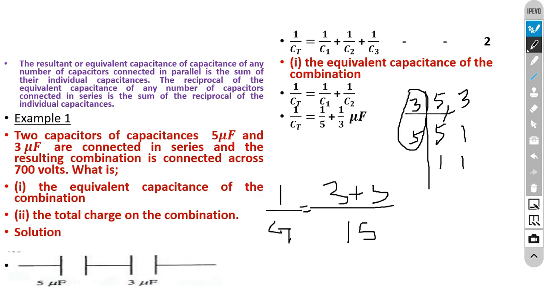I put it here. Okay, so we have 3 plus 5 all over 15, which if we go ahead to simplify, we would have 8 over 15. Alright, so look at it carefully because I'm going to erase it. So whatever you see, you shouldn't be confused about it. Is that clear?